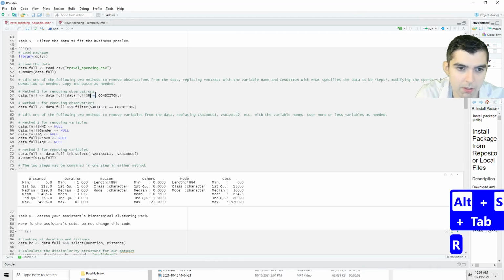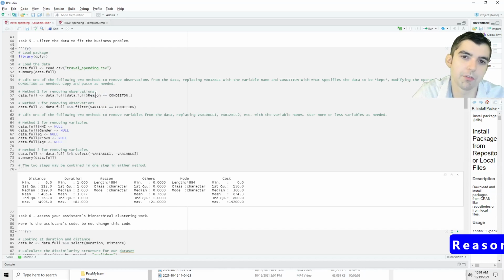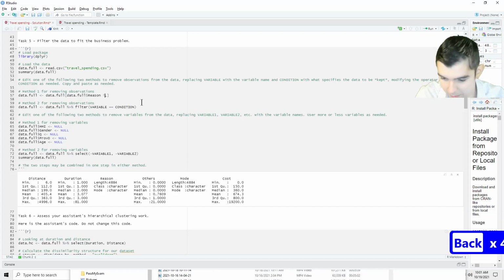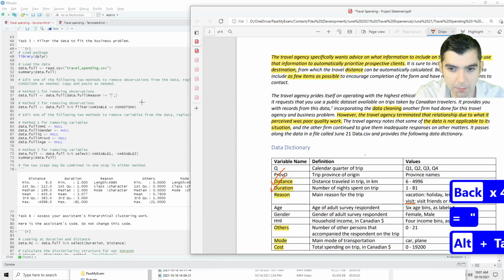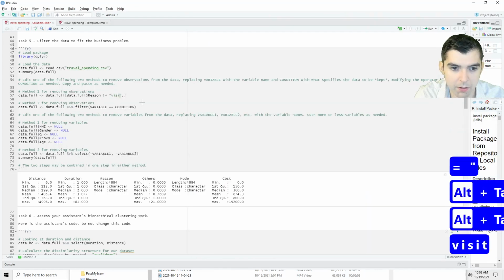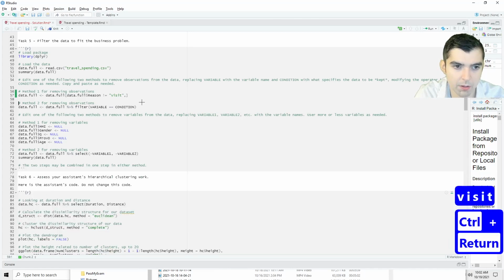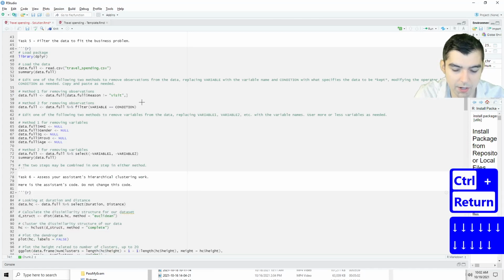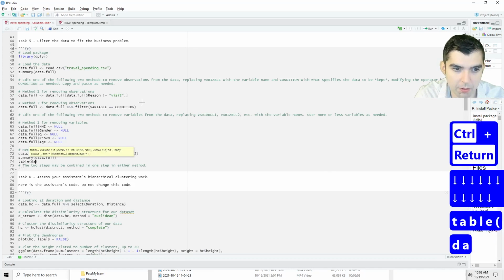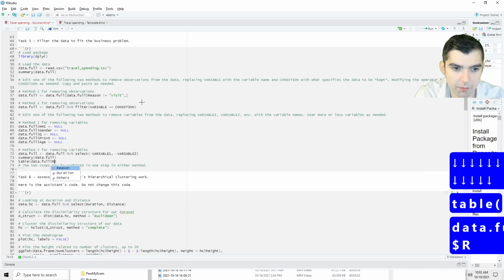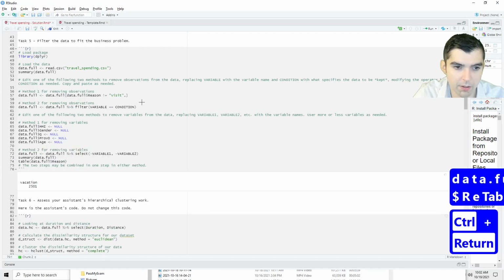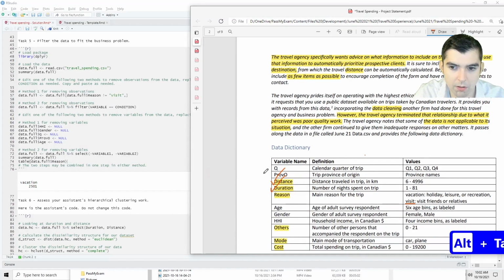So we want to remove observations, so we want to say reason does not equal visit. And to check, you want to do table data full reason. And then you can see that they're all just vacation. Okay, and then check there.